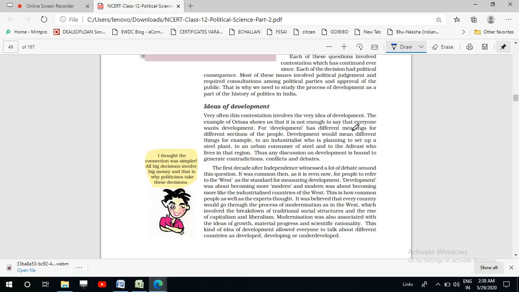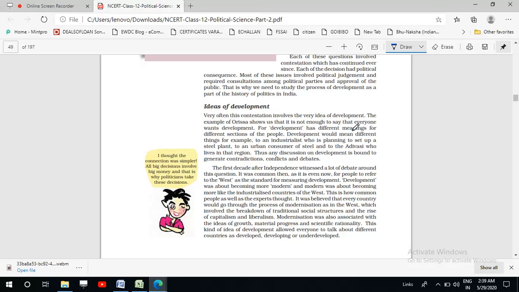So, for them, the idea of development is that the unit of the factory should not be set up in Odisha. And if we see from the point of view of environmentalists, then the idea of development for them is that mining should not be done there, because mining will cause a lot of environmental problems.